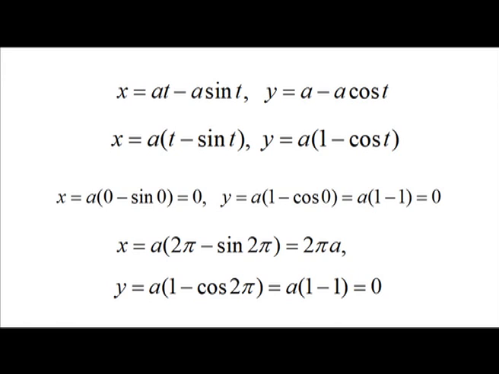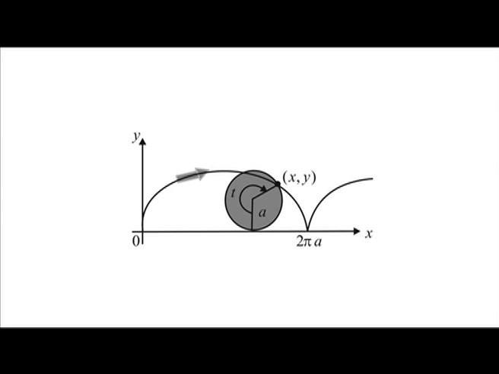That is at the point, the ordered pair 2 pi a, 0. This is the place where the point on the rim touches the x axis after it touches the origin. The portion between two consecutive contacts with the x axis is called an arch. Figure shows the first arch of the cycloid and part of the next.